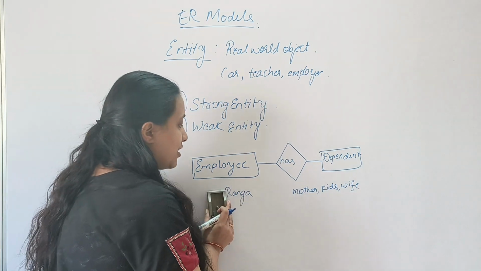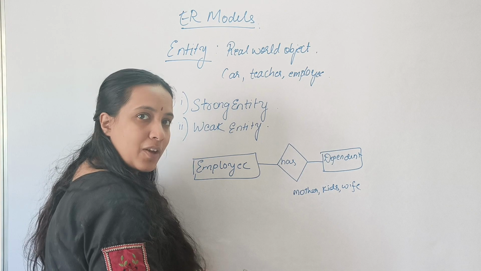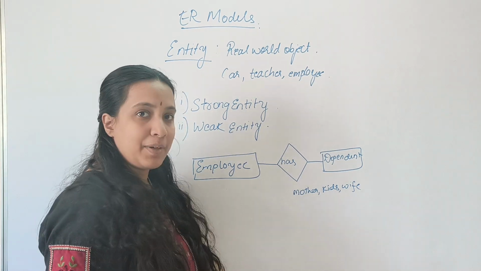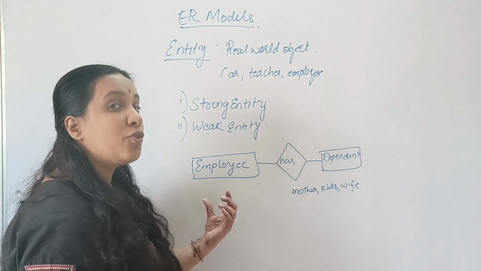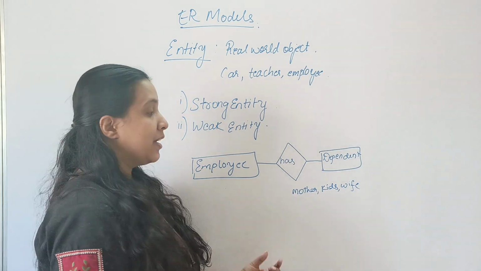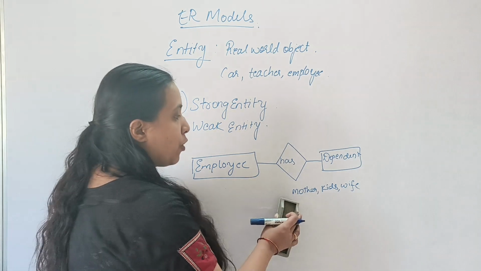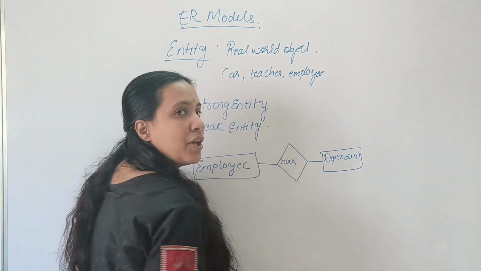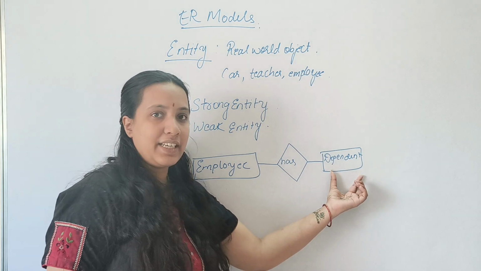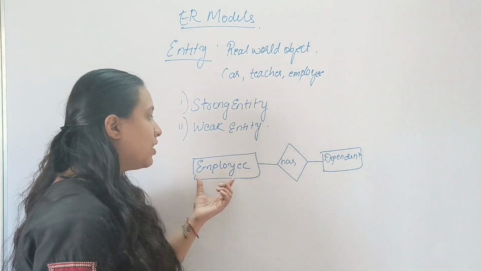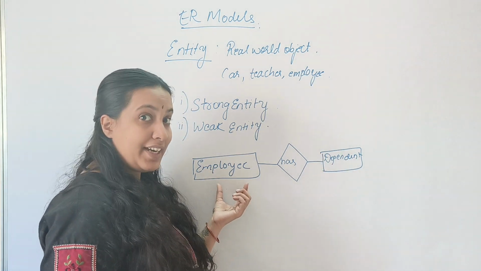Now, if Ranga changes the company, then I will remove his record from the database, correct? Because he no more is working for my company. So, what would happen? I would also remove the data of his mother, wife, and kids. So, this entity is dependent on this entity, right?